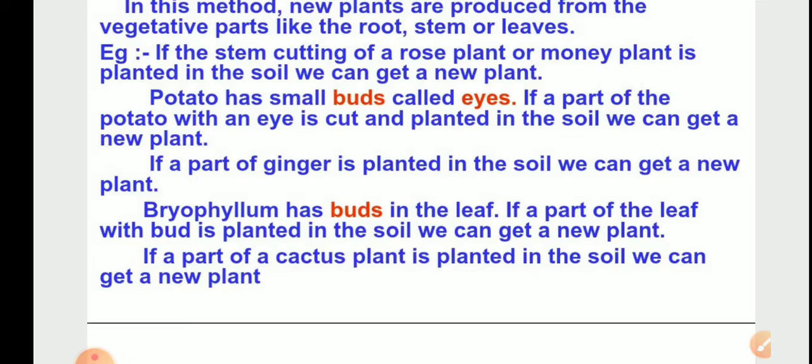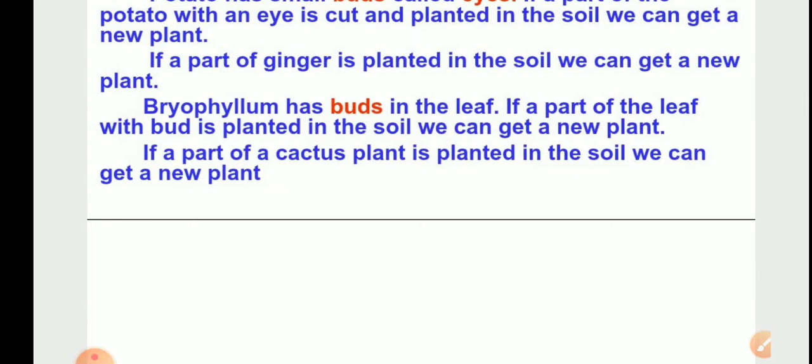If a part of ginger is planted in the soil, we can get a new plant of ginger. Now, bryophyllum has buds in the leaf. If a part of the leaf with a bud is planted in the soil, we can get a new plant.